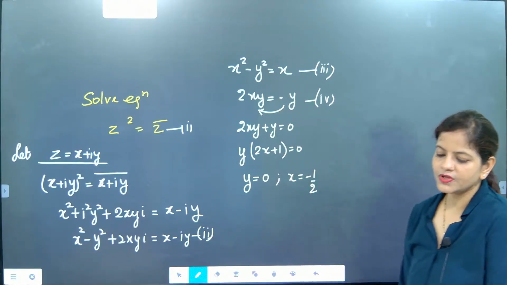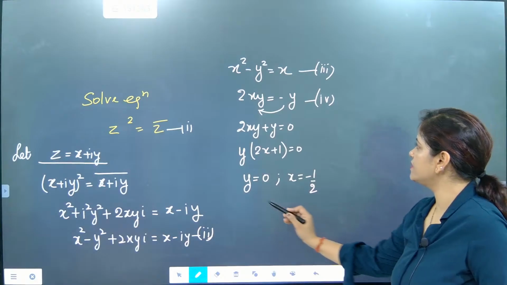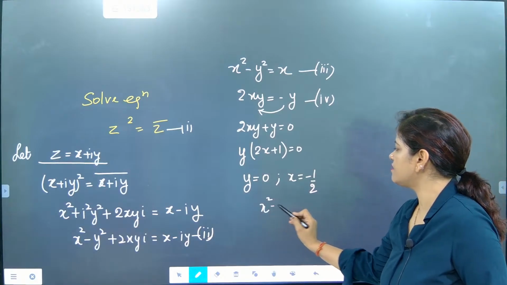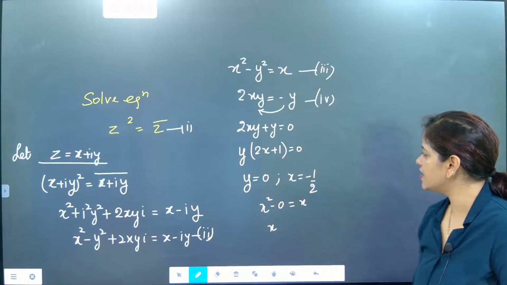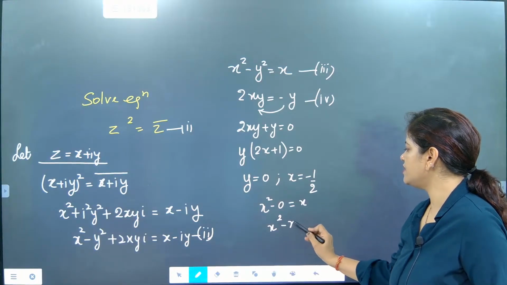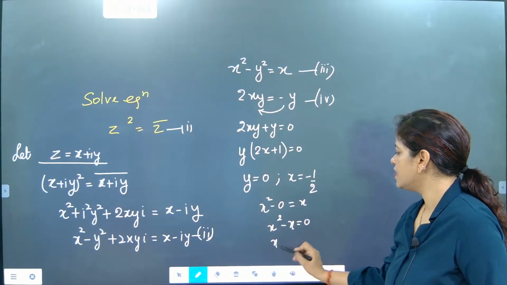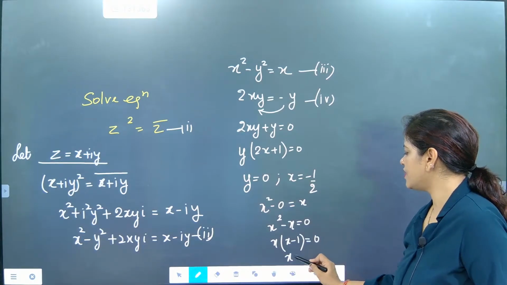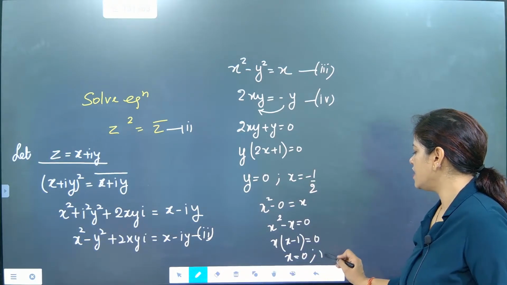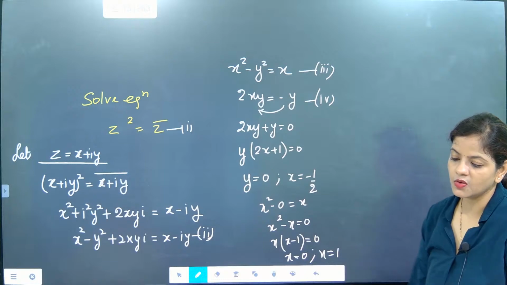Once you substitute the y value in equation 1, x square minus 0 equal to x. So what is the value of x you are getting? x square minus x is equal to 0. x times (x minus 1) equal to 0. So one time x is coming as 0 and one time x is coming as 1.